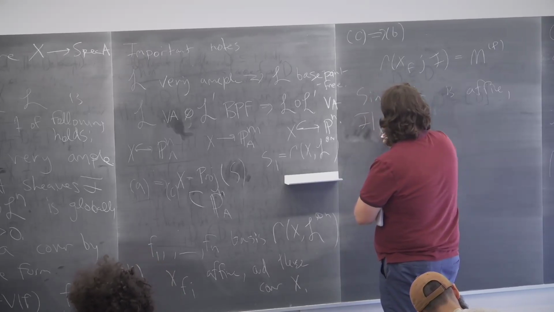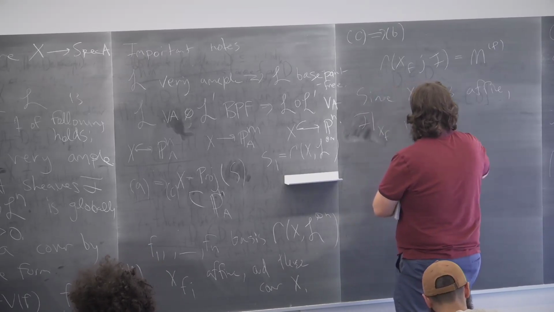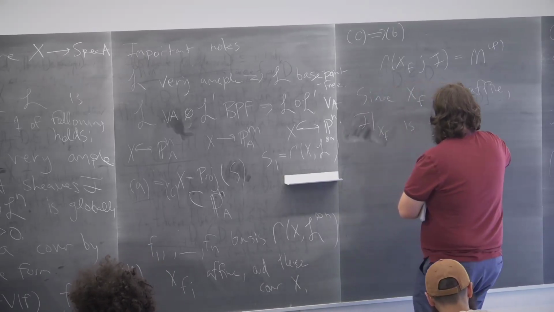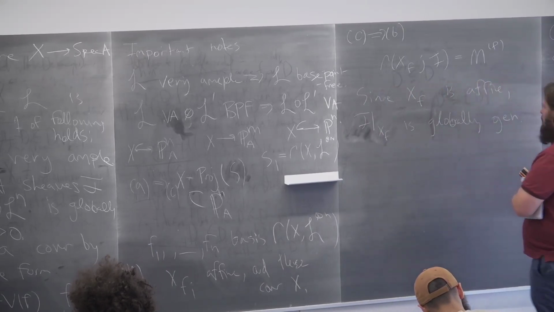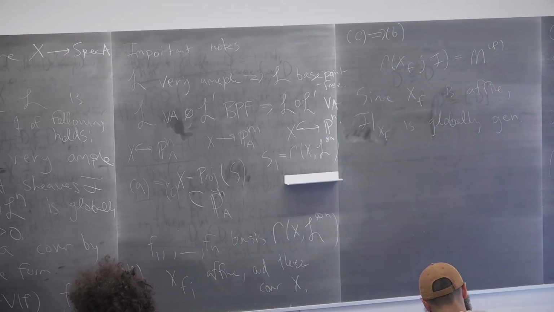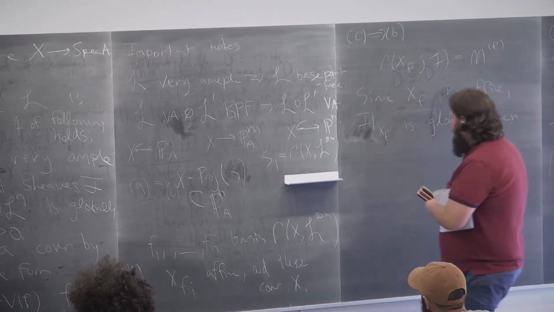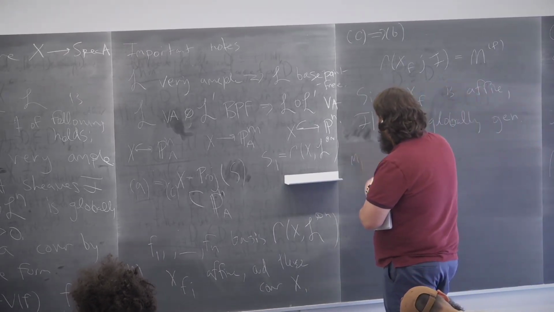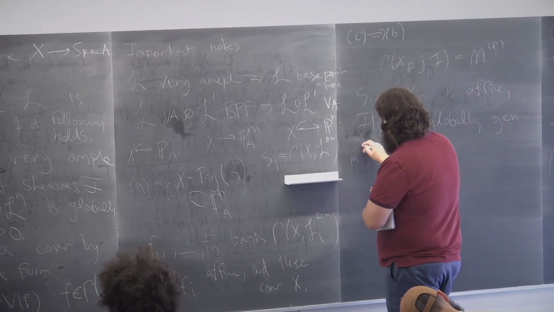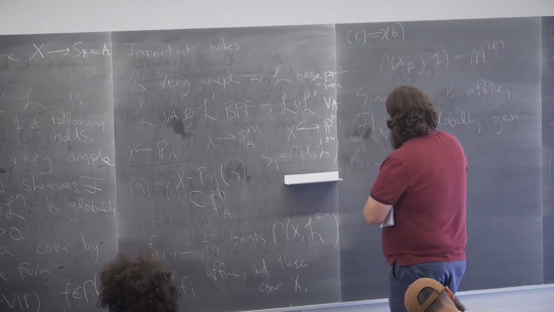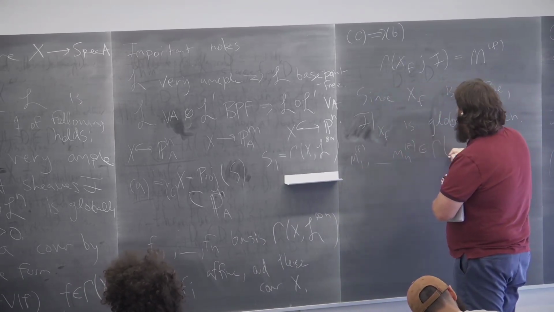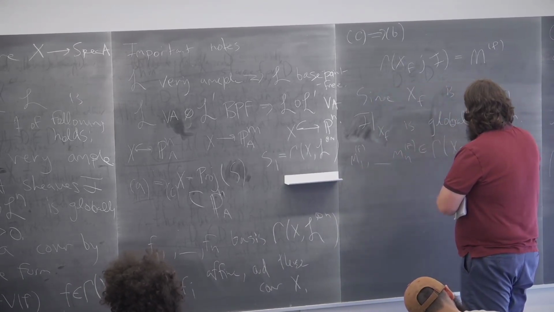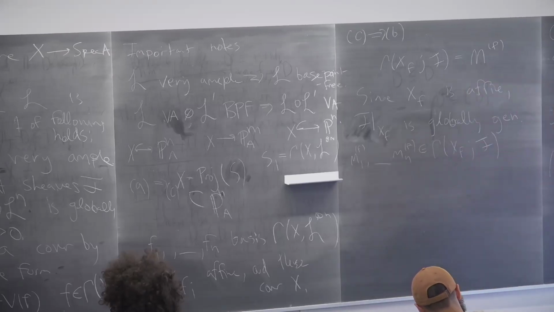The restriction of F here is globally generated by some sections m1 up through mn of F. So these are sections of F on here.